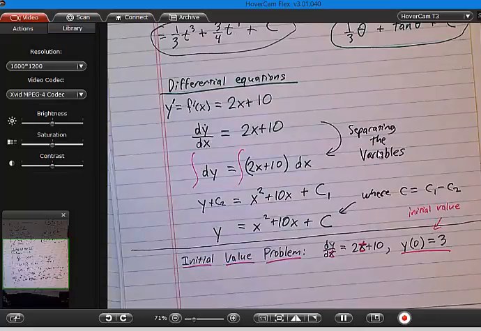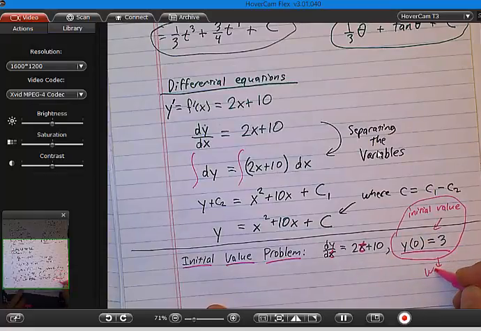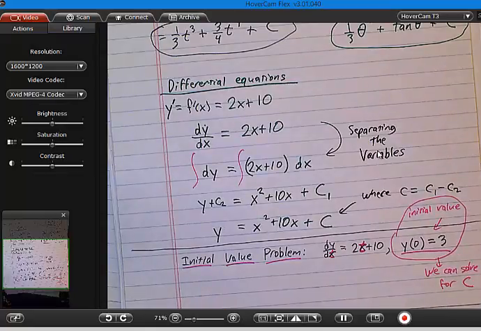I'm saying the position, the y value is 3 at time 0. Okay? And now what happens is, if you have this initial value, what this tells me is we can solve for the constant C. Think of it this way. When you write this, you have a whole bunch of parabolas, right? It's a family of parabolas.